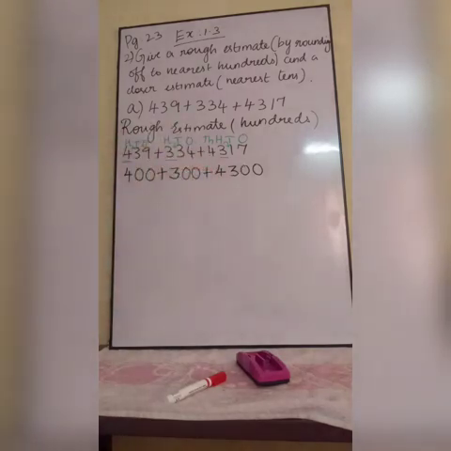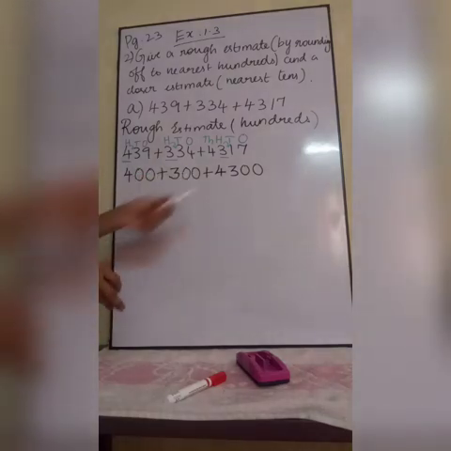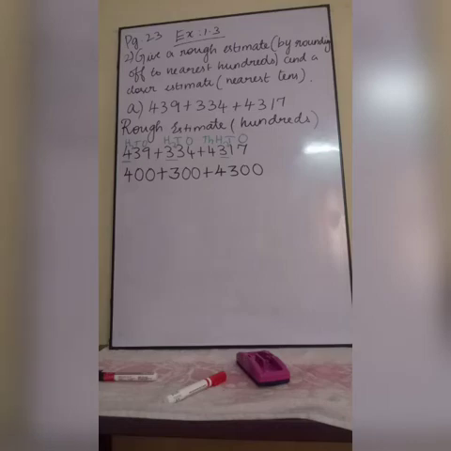We round off to the nearest hundreds because we are going to find the rough estimate. Now, after finding the rounded values of all the numbers, you are going to add them. 400 plus 300 is 700. 700 plus 4300 is 5000.